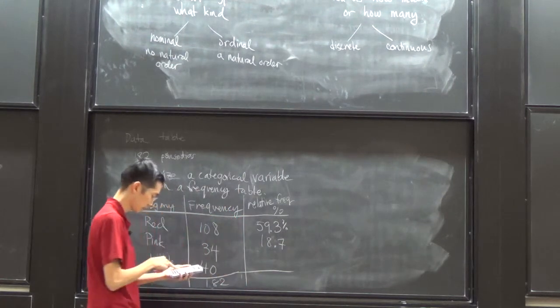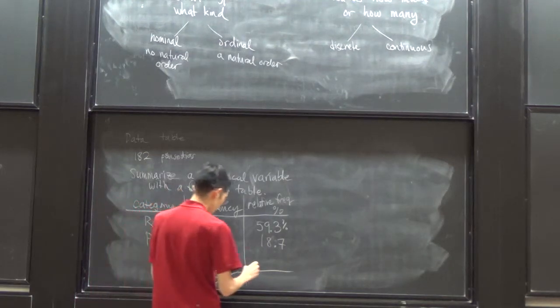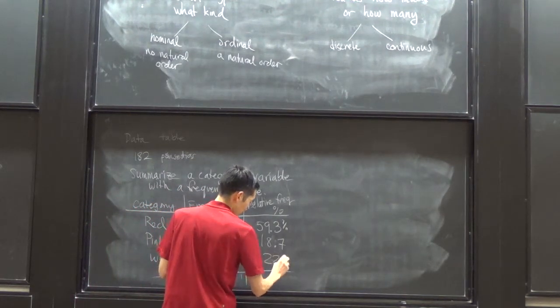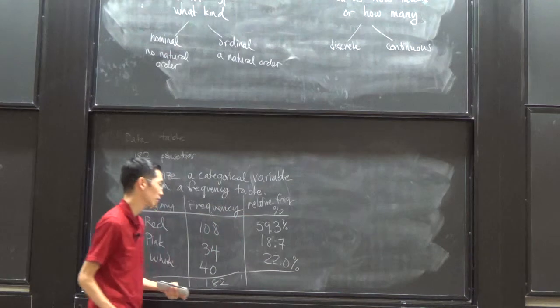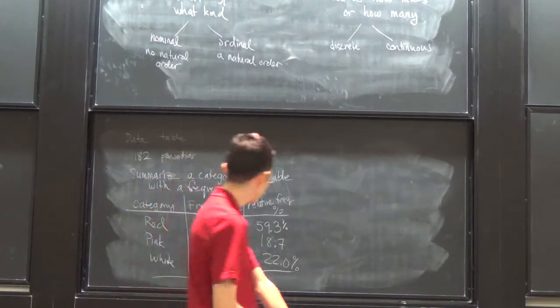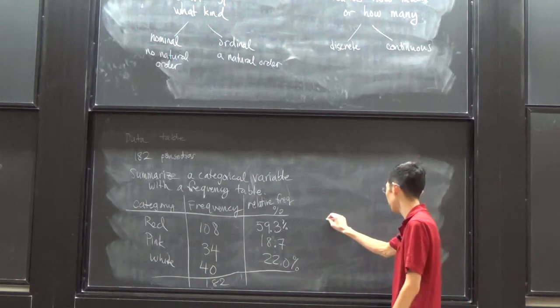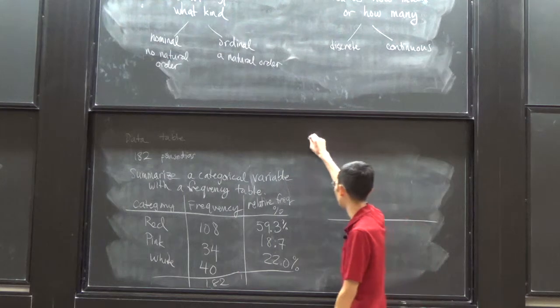And 22. So we have a frequency table or relative frequency table, and this can be represented visually with a bar chart.